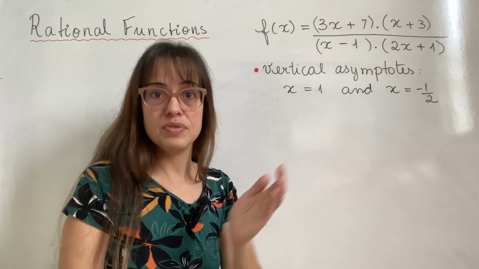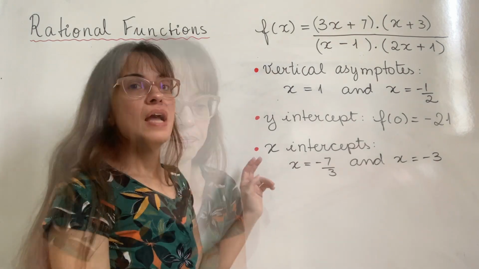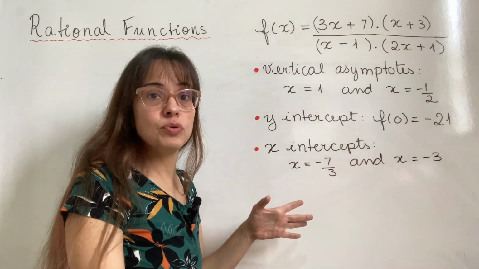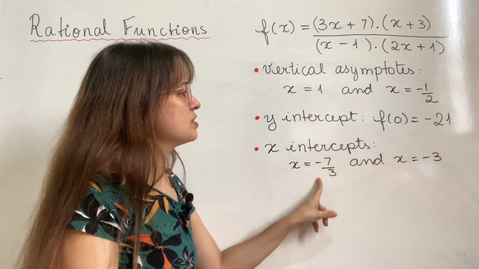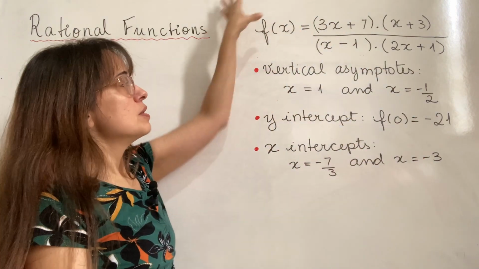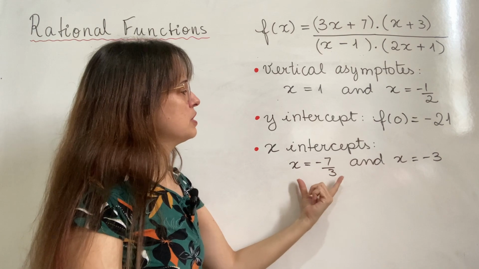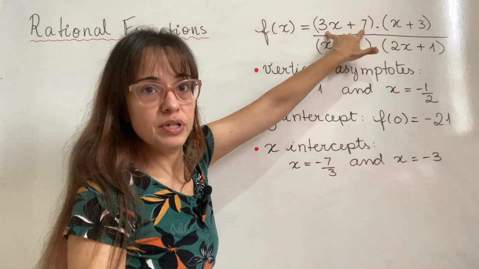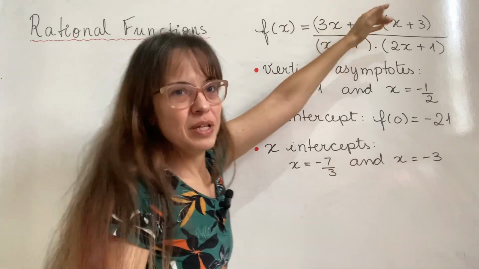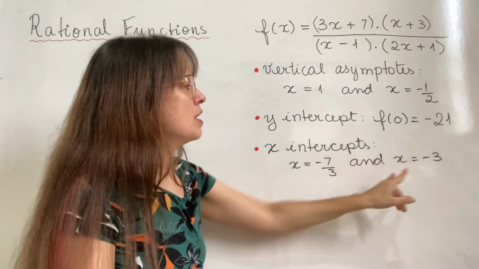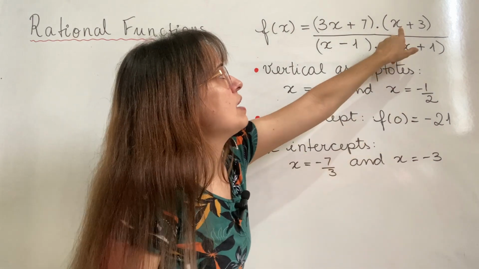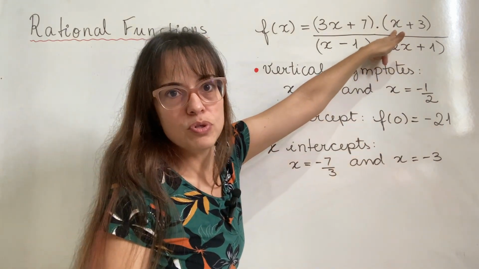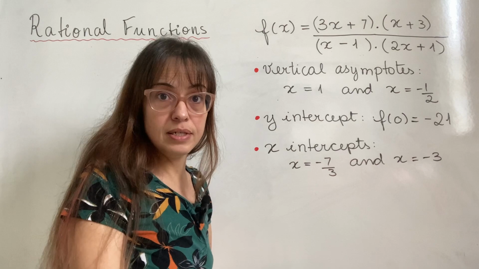It's just f of 0, so let's calculate that. X-intercept I can have more than one of. So I have this number and this number, which make this function be 0 because this number makes this factor of the numerator a 0 and then multiplies by something else is still 0. And that number makes that factor of the numerator be equal to 0, so the whole thing is 0.